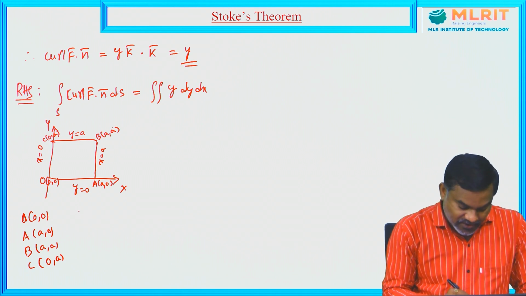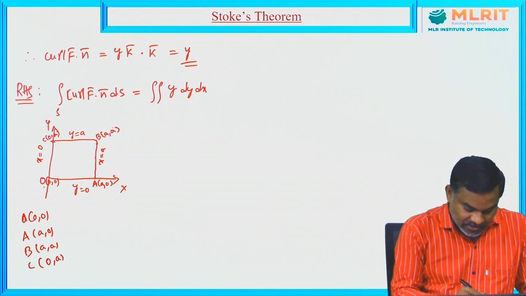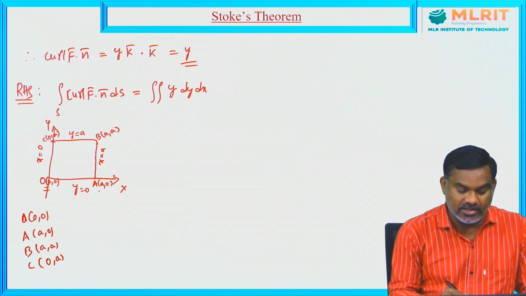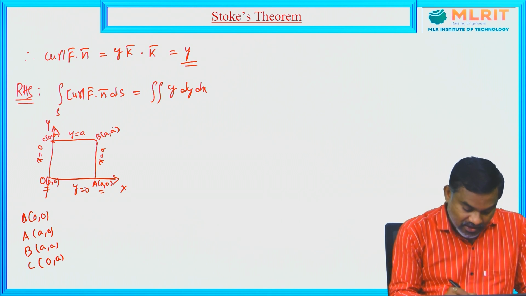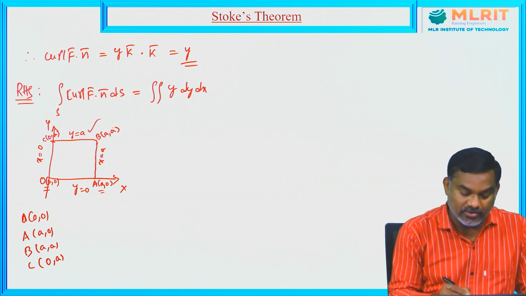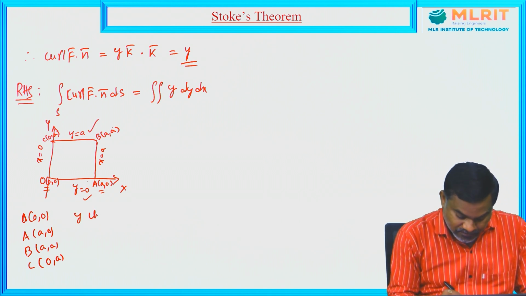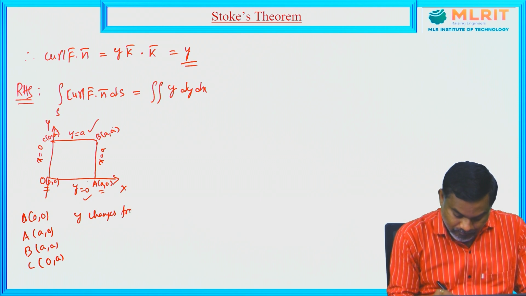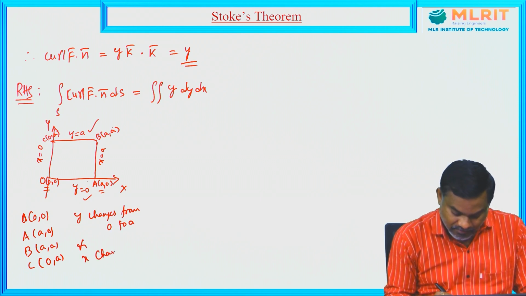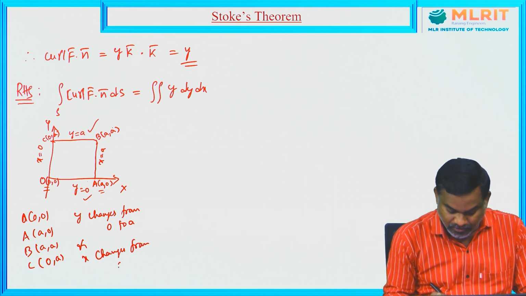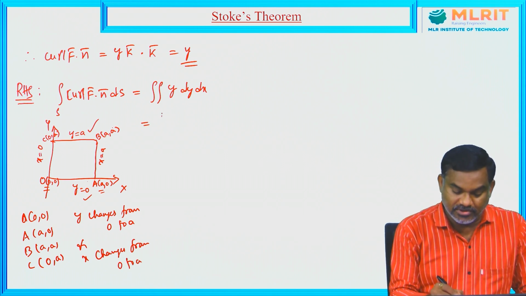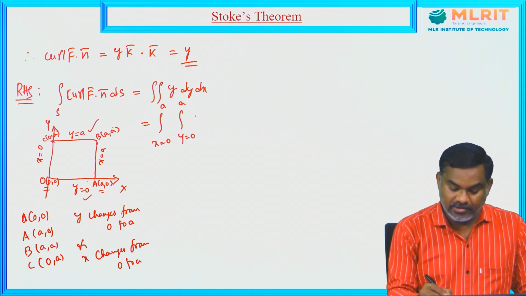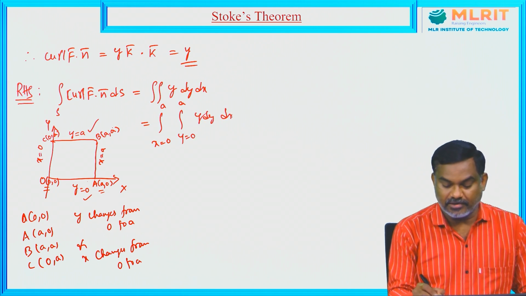So here it is very clear that the value of x is 0 here, and here it is a, and here y equal to 0 and here y equal to a. So y changes from 0 to a and x also changes from 0 to a. So therefore this is equal to the integral x from 0 to a, y from 0 to a, y dy dx.